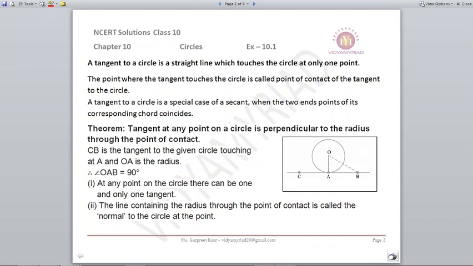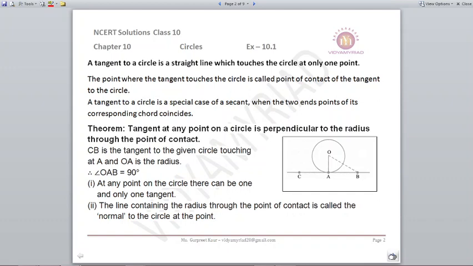Also, a tangent to a circle is a special case of a secant when the two endpoints of its corresponding chord coincide. There is an important theorem with respect to the tangent which states that the tangent at any point on a circle is perpendicular to the radius through the point of contact. CB is my tangent and A is the point of contact.